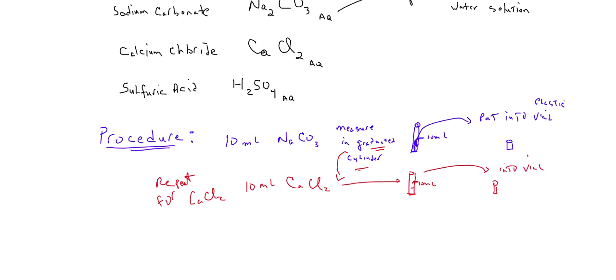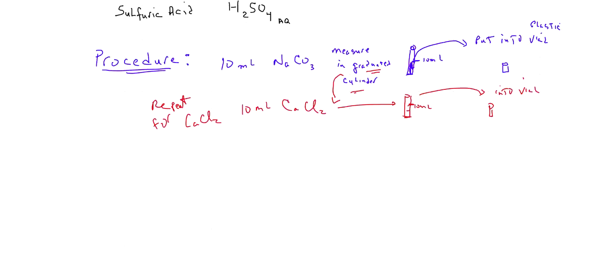So now we have 2 vials, right? One with 10 mLs of sodium carbonate, and another one with 10 milliliters of calcium chloride.